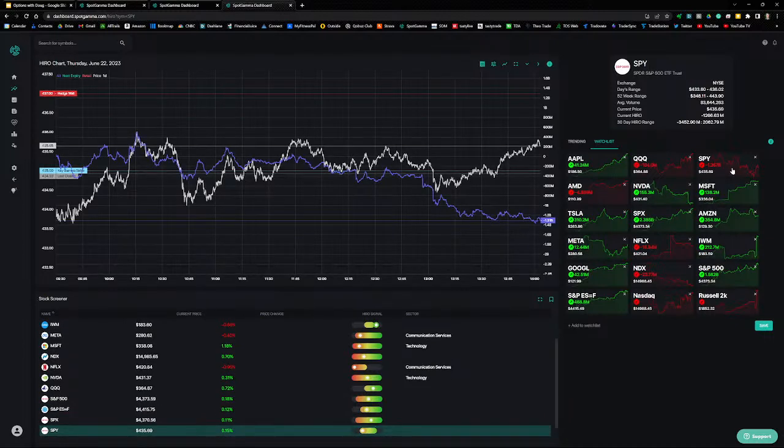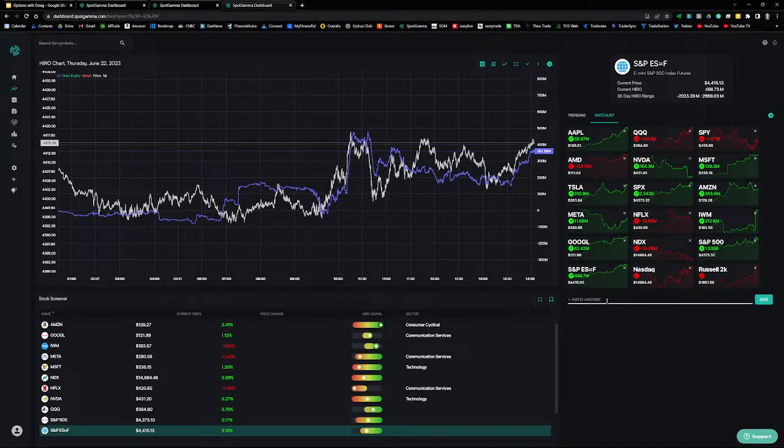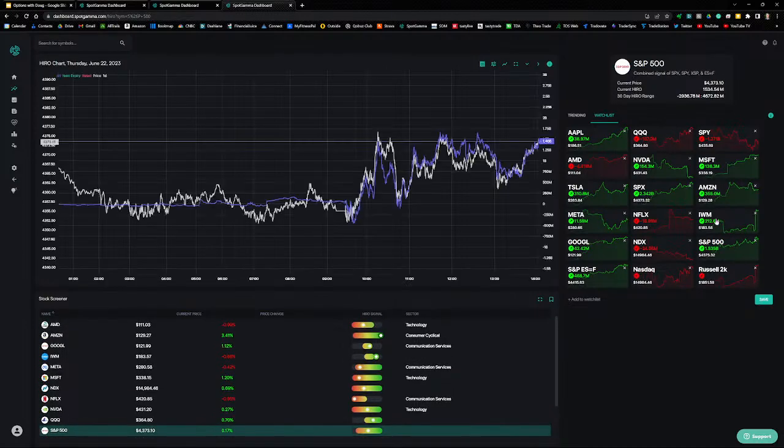And SPY pretty much the opposite, especially starting in the afternoon. So SPX was positive, and this number notional value for SPY negative. And then ES futures also positive like SPX. So let's take a look at the combined signal now.